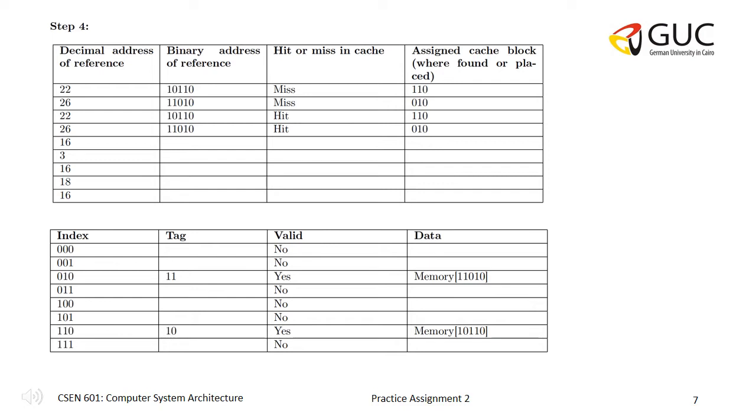So here for 26 we will go to block 010, which is the index, and we find that the valid bit is already yes, and we will find the tag is equal to the tag, which is 11. So we can now retrieve the data directly from the cache and no need to go to the main memory, causing this to be also a hit.